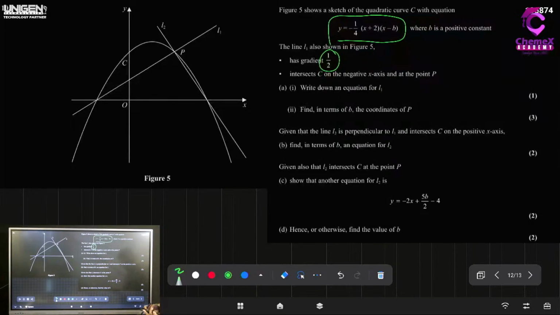So to get L1, you need to first what? y equals mx plus c. It's a straight line. So y equals 1 over 2x plus what?